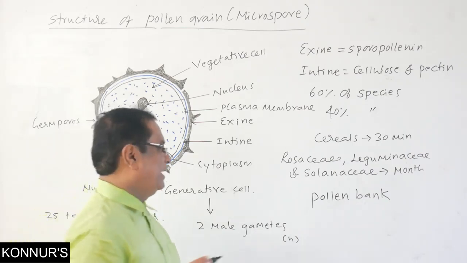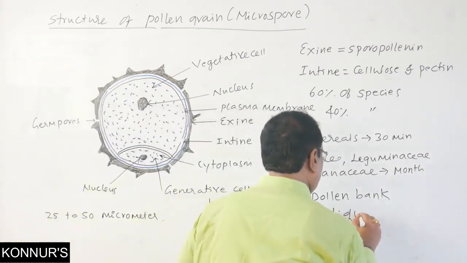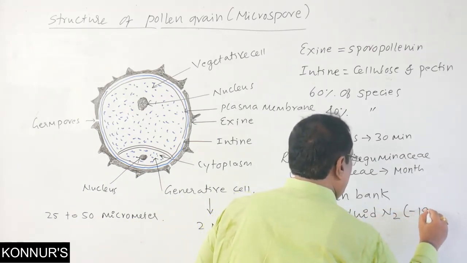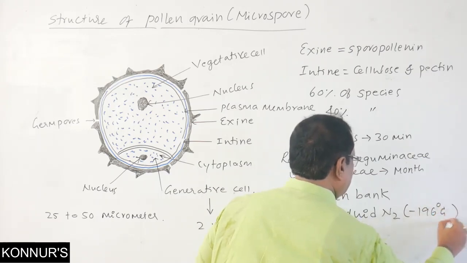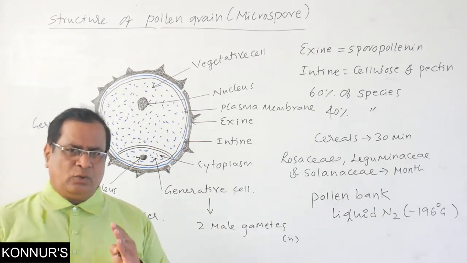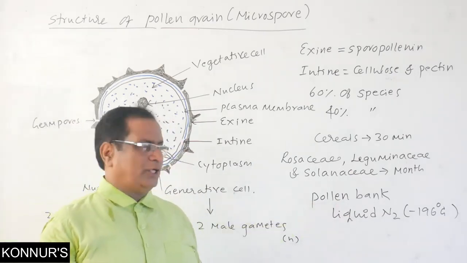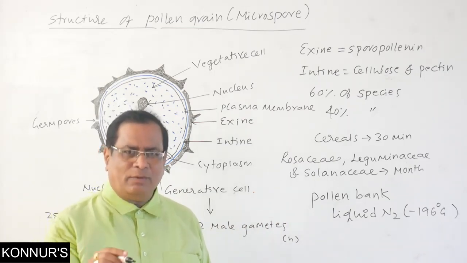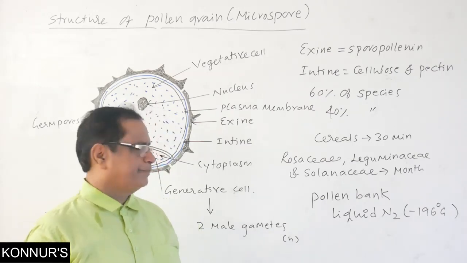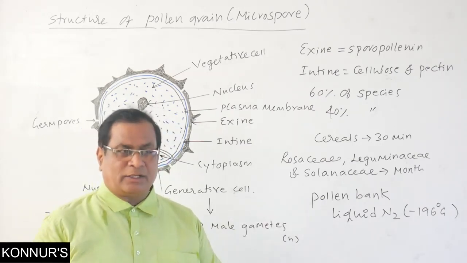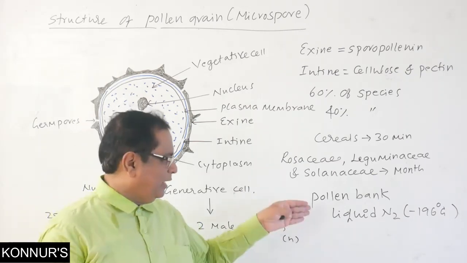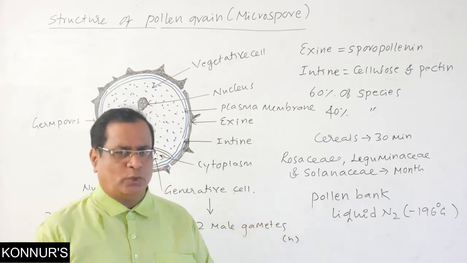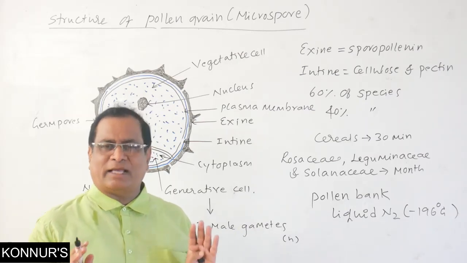They can be stored in liquid nitrogen, where the temperature is minus 196 degrees Celsius. It is an extremely low temperature. In this liquid nitrogen, if the pollen grains are stored, they remain alive for a long time. Just like sperms are stored in sperm banks in liquid nitrogen, and even seeds are also stored. In a similar way, pollen banks are also there.